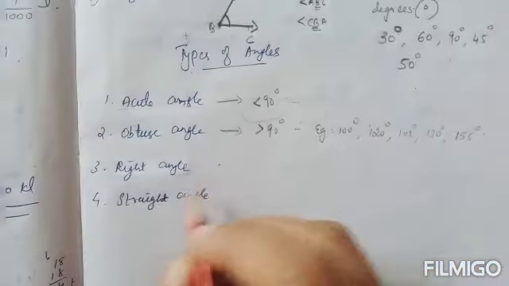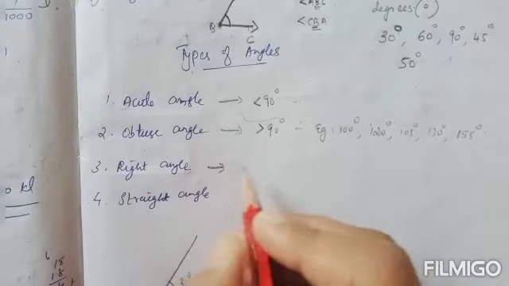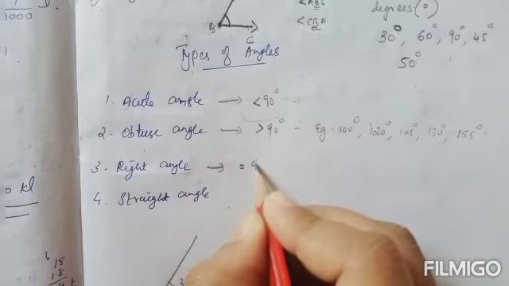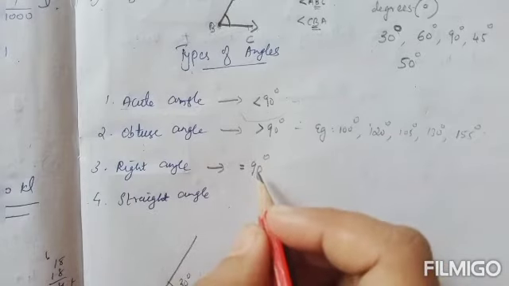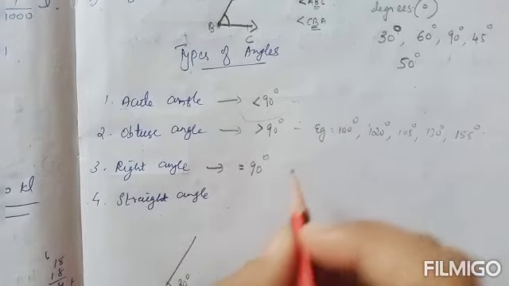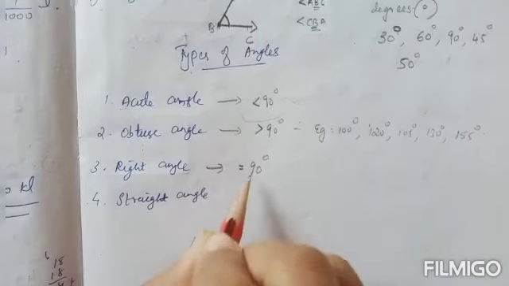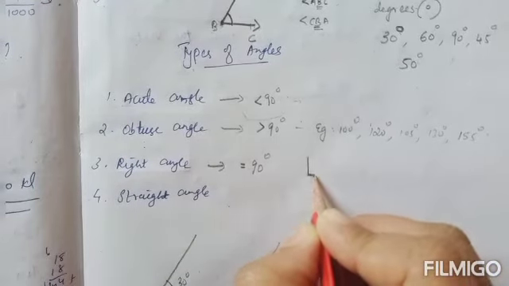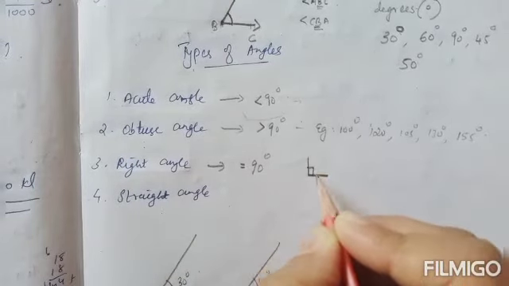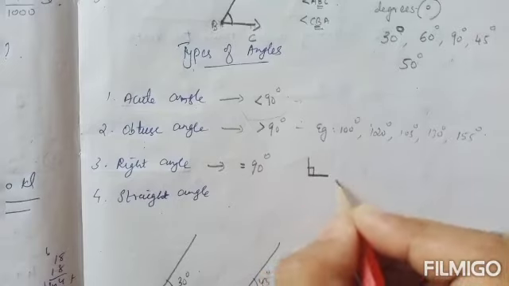Next, third one, right angle. If the measurement of angle is 90 degree, it is called a right angle. A right angle will be L-shaped.